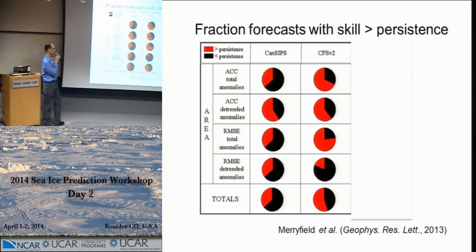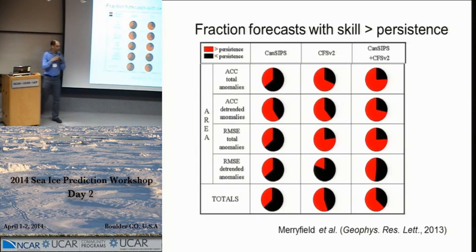And the main result was not so much a detailed comparison between the two, but the fact that if you create a multi-model ensemble, and these two models contribute to the NMME, you typically get a higher fraction of the forecasts with a skill that beats persistence. So the red portion in the last column is larger than that of the individual models, typically.